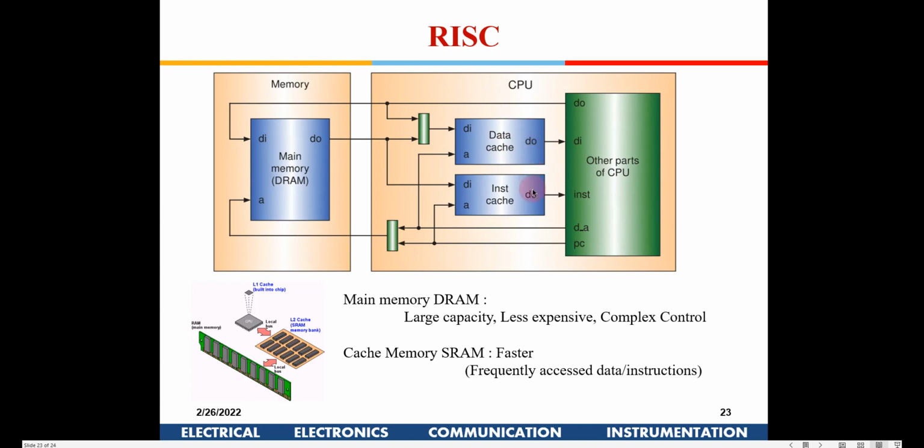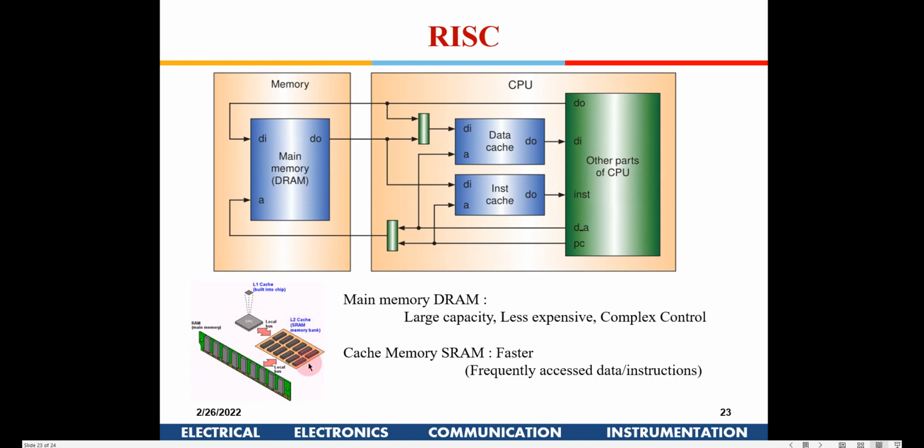Then you have something known as a secondary cache, in which you can have an additional SRAM placed outside the chip also. From the main RAM, some portion of the memory is brought into this SRAM, and from here it is taken to the CPU. So this is known as the L1 cache and L2 cache, right?